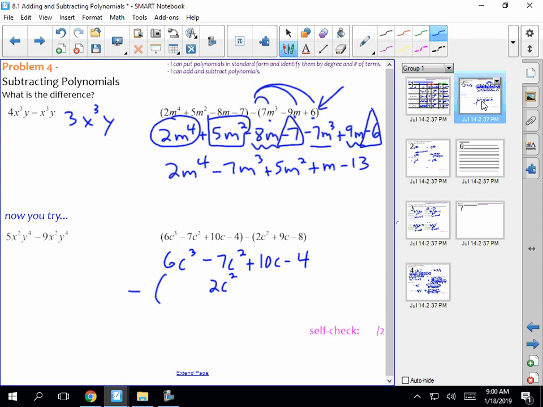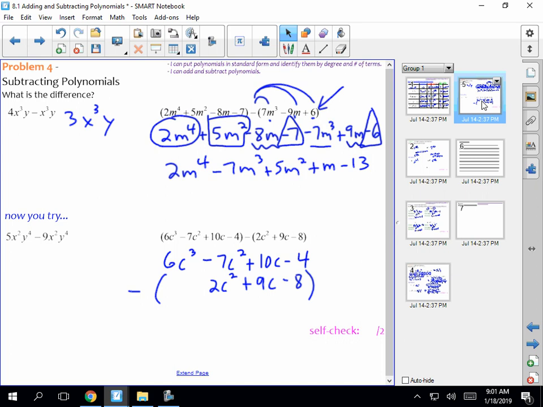So 2c squared plus 9c minus 8. I'm writing it vertically here, lining up all the like terms, and I'm leaving the parentheses around what I'm subtracting. That's to remind me to subtract each term.